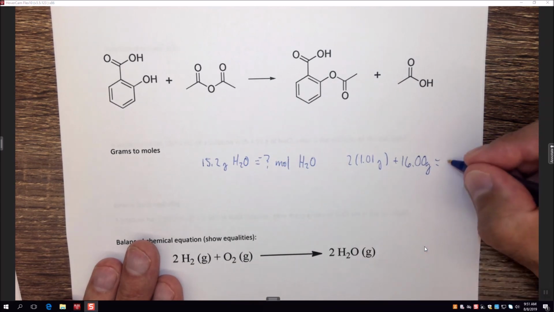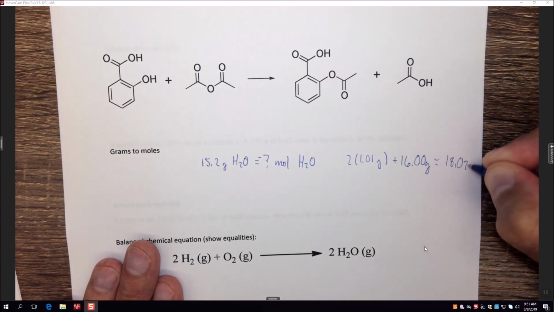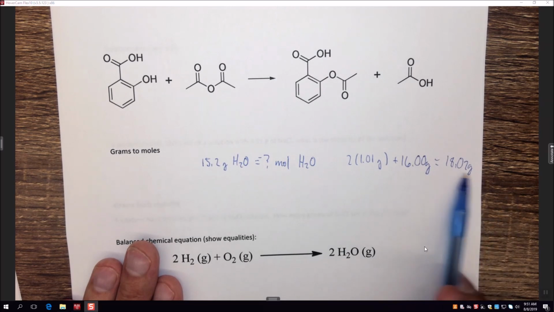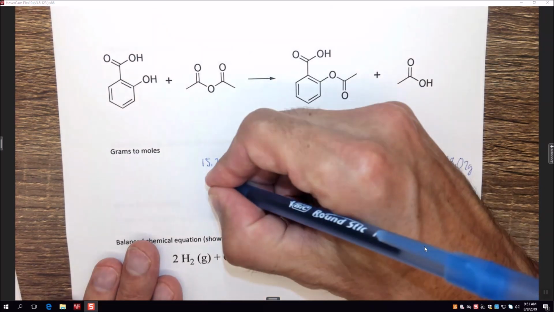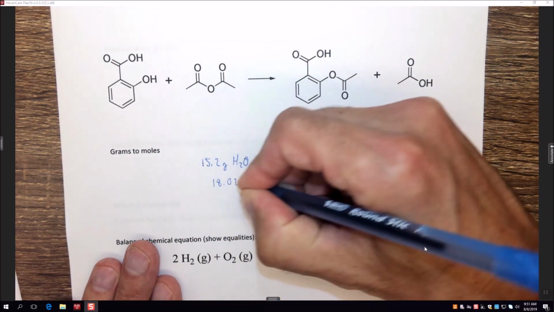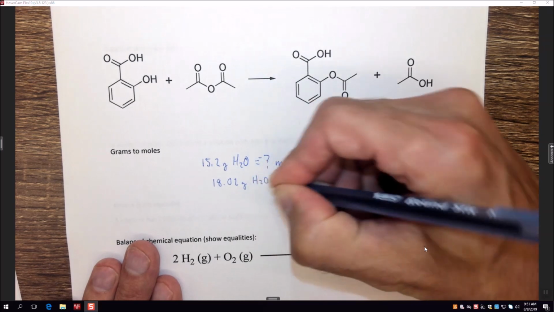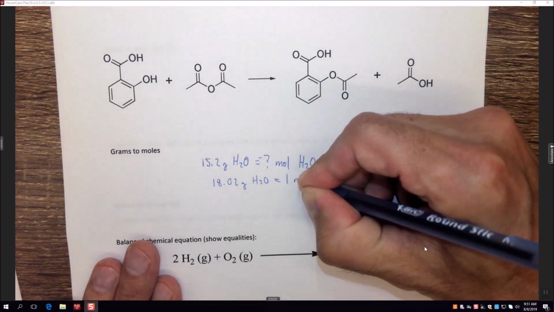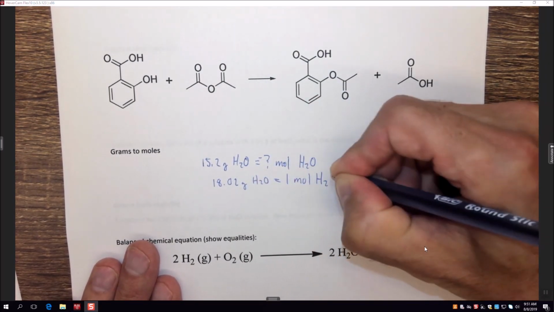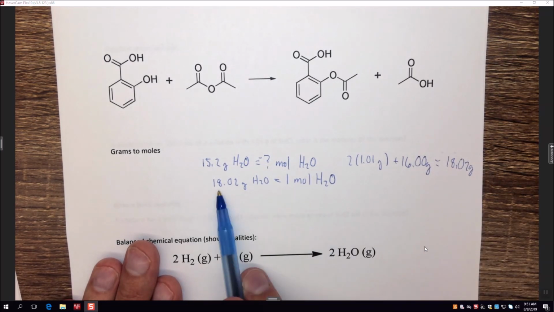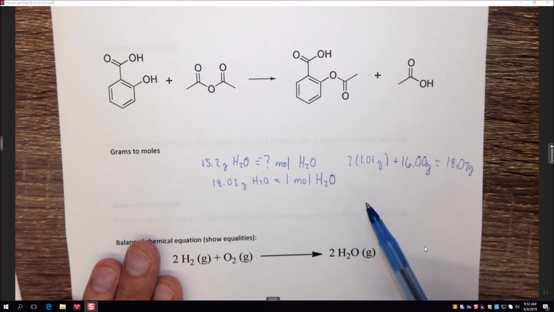When I do that math, I get 18.02 grams for the molar mass of water. Now we can write this as an equality: 18.02 grams of water equals 1 mole of water. So every mole has a mass of 18.02 grams, or every 18.02 grams is 1 mole.